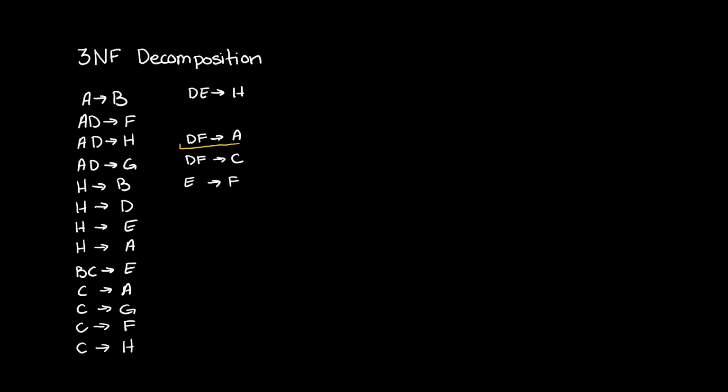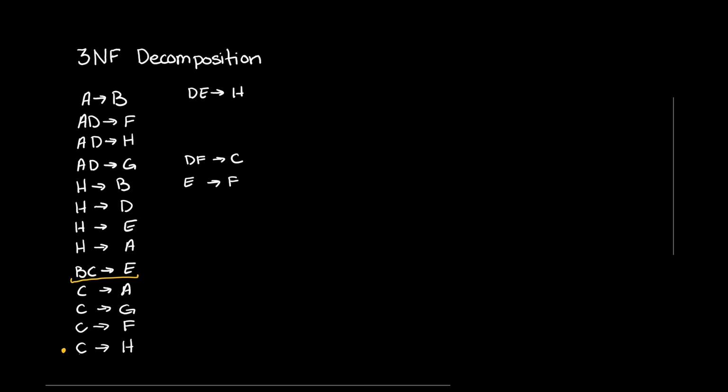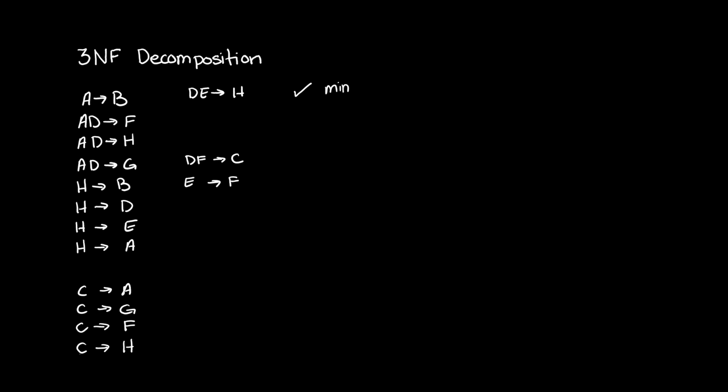Similarly, DF to A is redundant as we can reach A by using DF to C, then C to A. Finally, BC to E is redundant as we can reach E by using C to H, then H to E. Now we have a minimal basis.